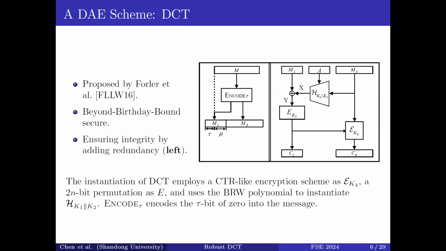The instantiation of DCT employs a CTR-like encryption scheme, a permutation E, and the BRW-based UHF H. The encoder operation encodes the top bits of the 0 into the messages.